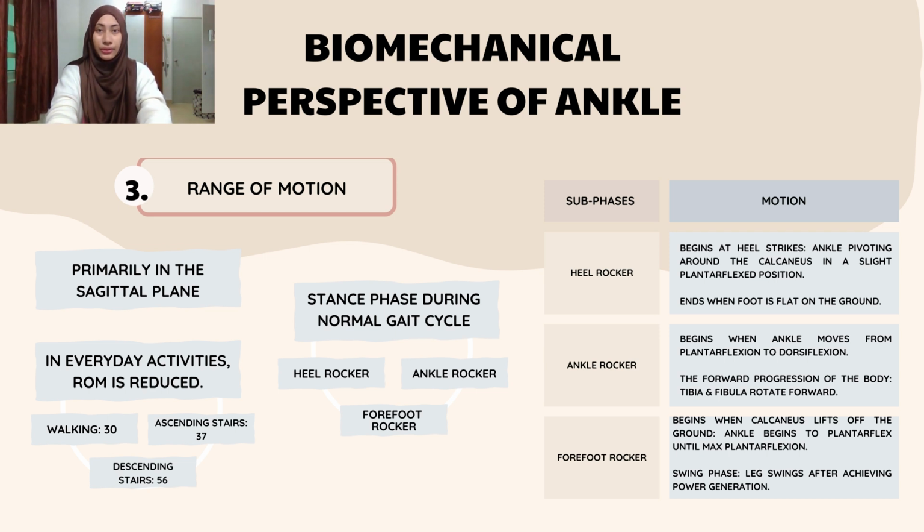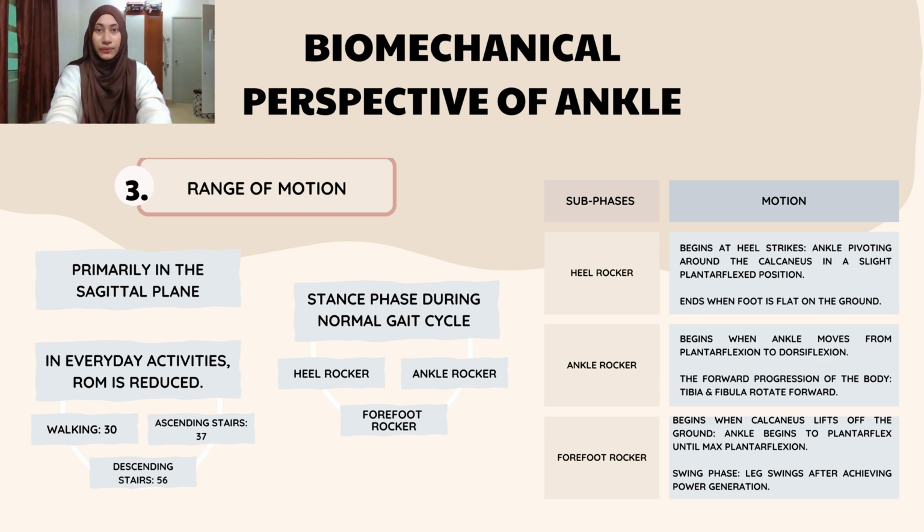And the ankle rocker phase is where the ankle moves from plantar flexion to dorsiflexion, during which the tibia and fibula rotate forward around the ankle, allowing forward progression of the body.